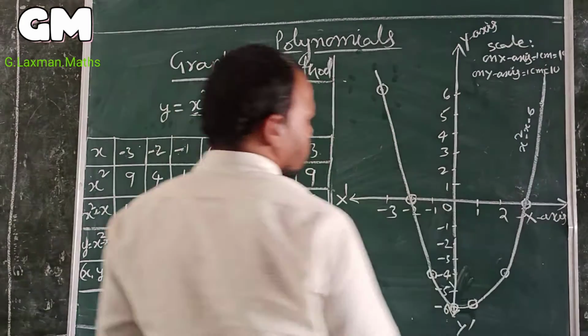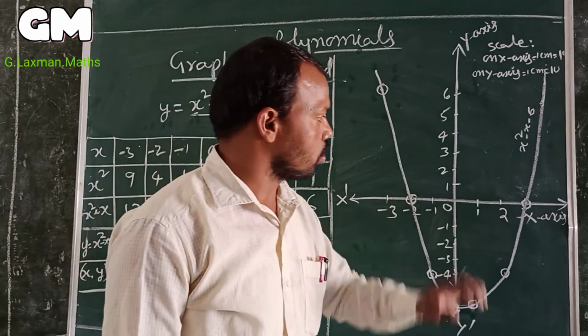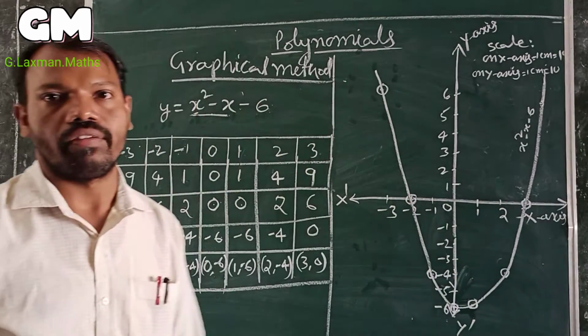We have drawn a graph, fine. Then what are the zeros of the polynomial, and how can we identify them?